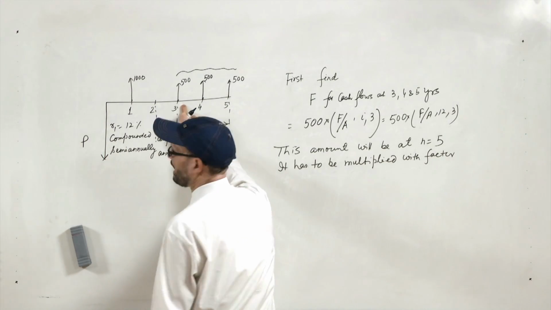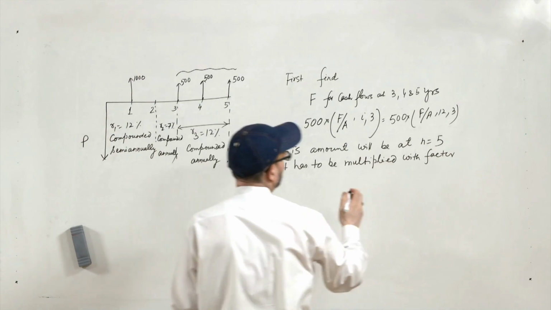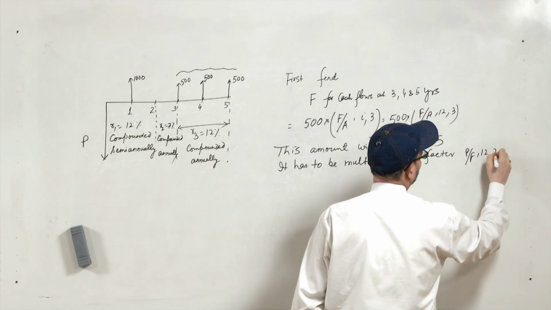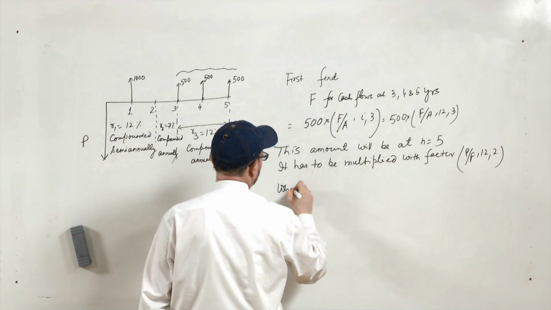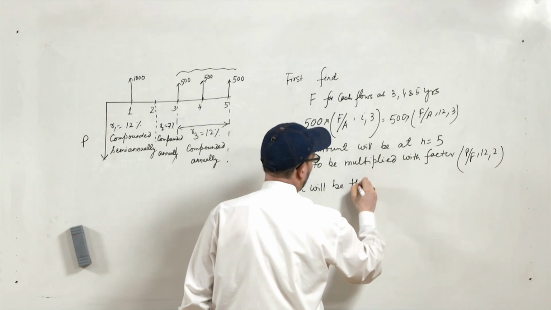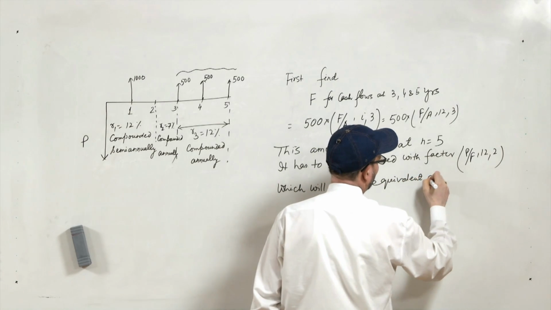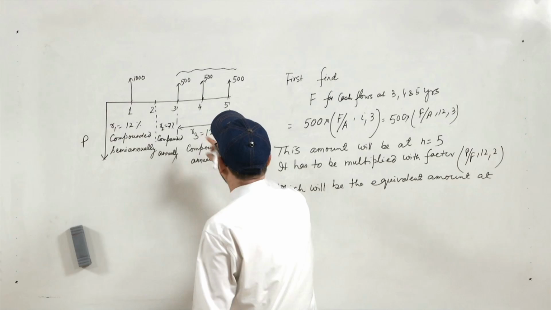So, you can multiply with P by F i,n. So, P by F 12,2, which will be the equivalent amount at n equal to 3.